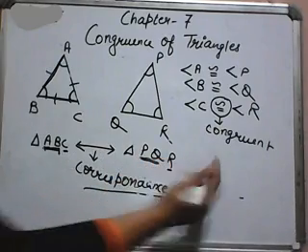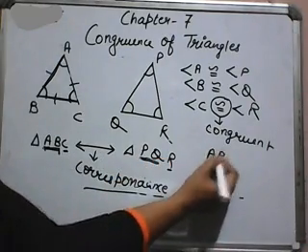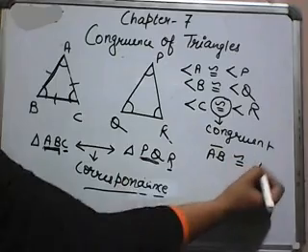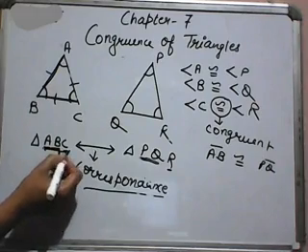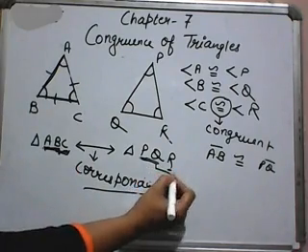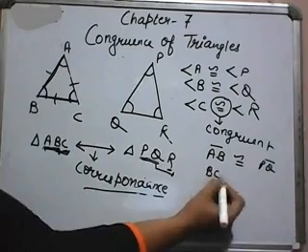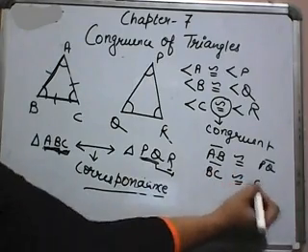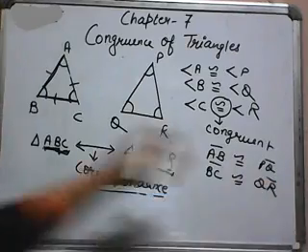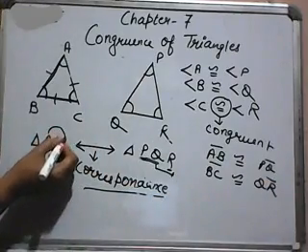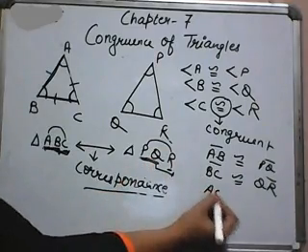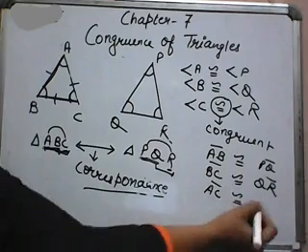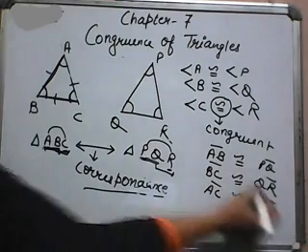Here the first two vertices, AB side is congruent to PQ side. Now, second and third vertex. Here second and third vertex. BC side is congruent to QR. Now, first and third vertex. Here first and third vertex. AC is congruent to PR.